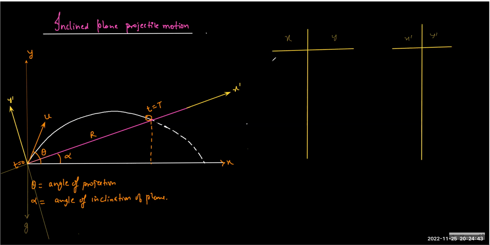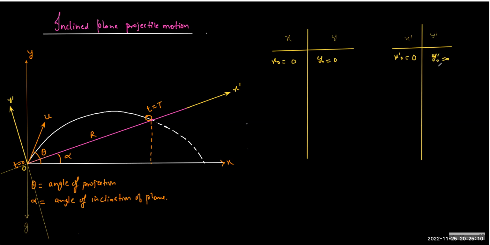Okay, tell me guys, what is x naught? The initial x coordinate of the particle is how much? 0. And what is x dash naught? 0. y naught? 0.